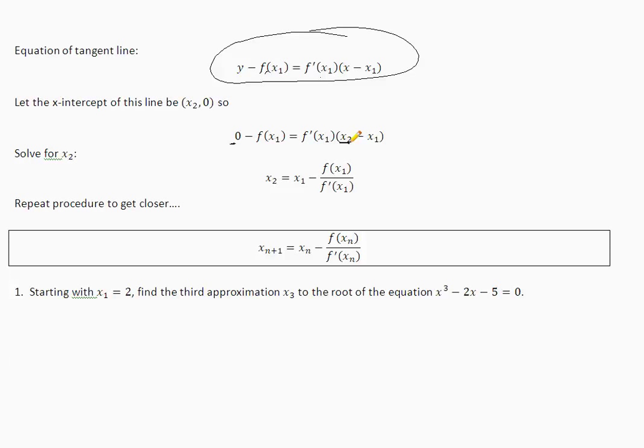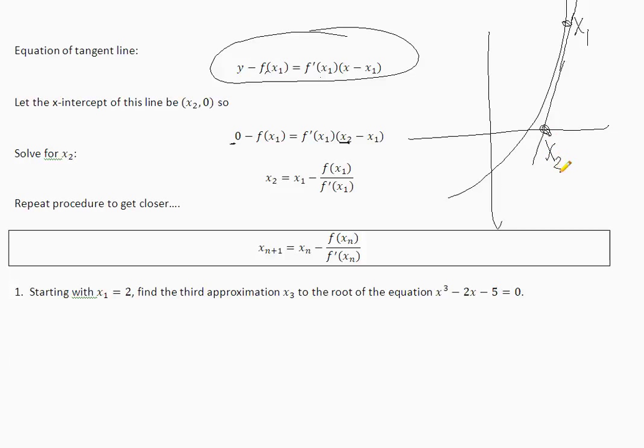You're just going to repeat this over and over. Then you'd have an x3, then you'd have an x4. What's x2, guys? x2 is that x-intercept. So in my example here, this was x1. When you drew the equation of the tangent line here, this is x2. So you found the x value there.